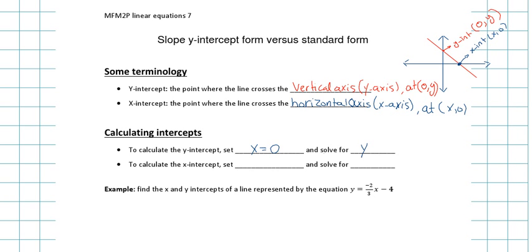Now, if I want to look for the x-intercept, which value do I set to 0? Set y to 0 and solve for x. Are you guys okay with this? All right.